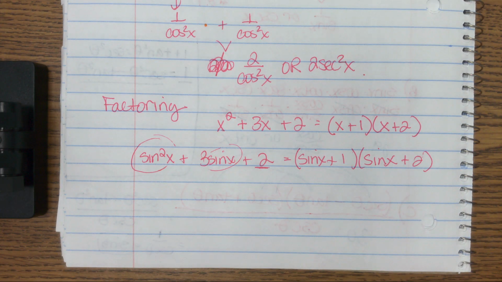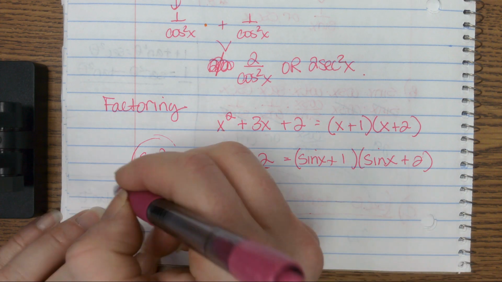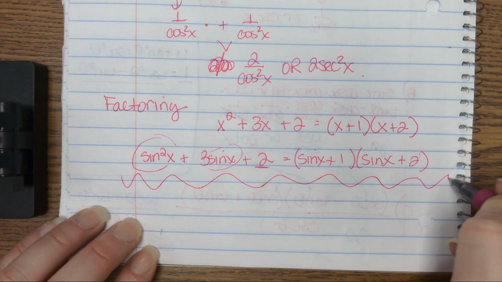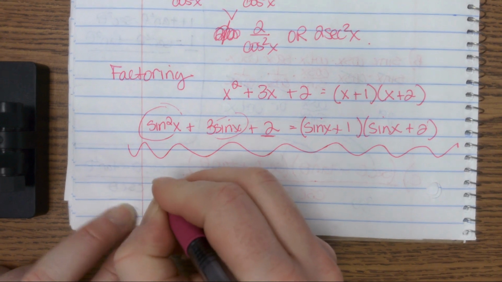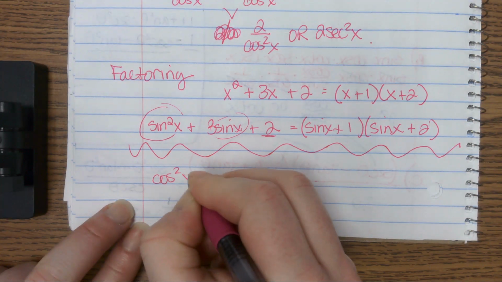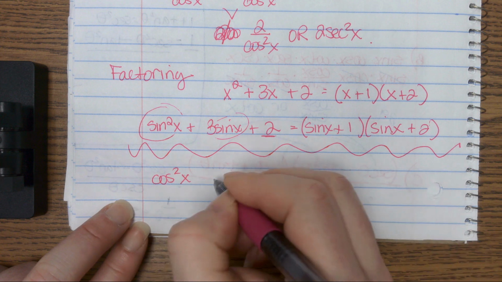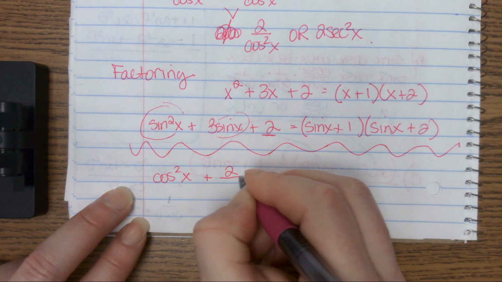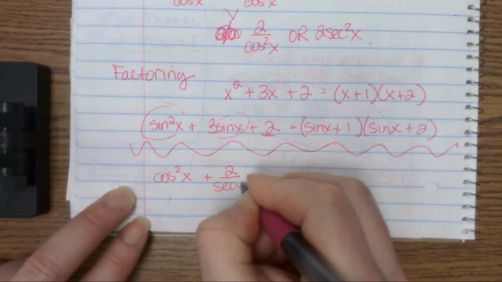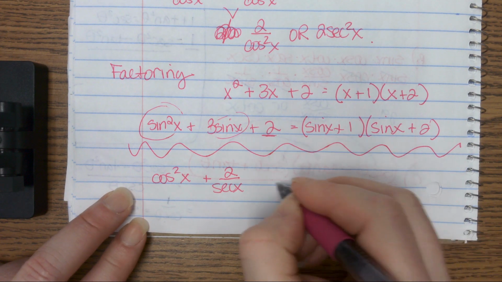And sometimes you might see that you have to do a little work on it first. So maybe you would see cosine squared of x, and then plus 2 over the secant of x plus 1.